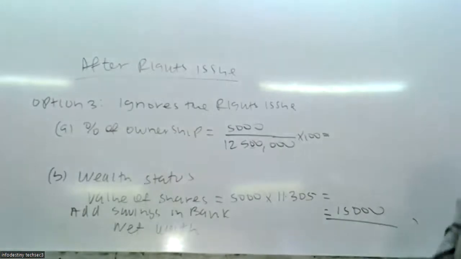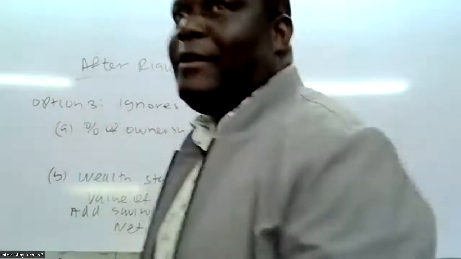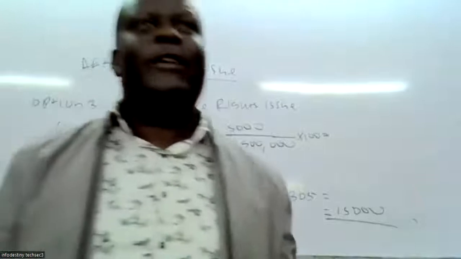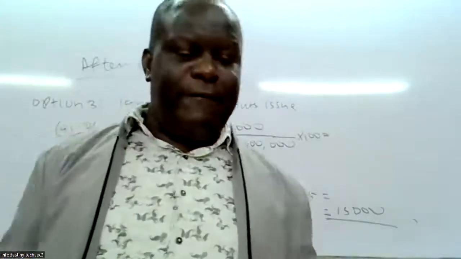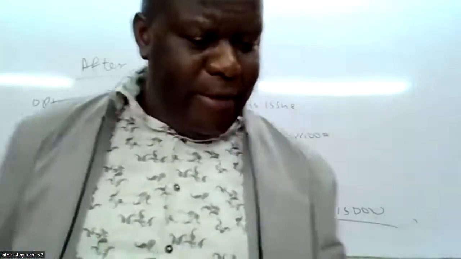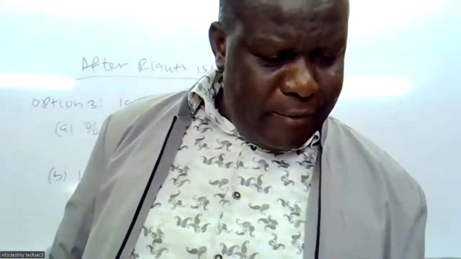If I go directly, you may not get the real concept. I must first of all calculate before, then after. But those marks, I suspect normally it should be 16 marks for you to do all that.